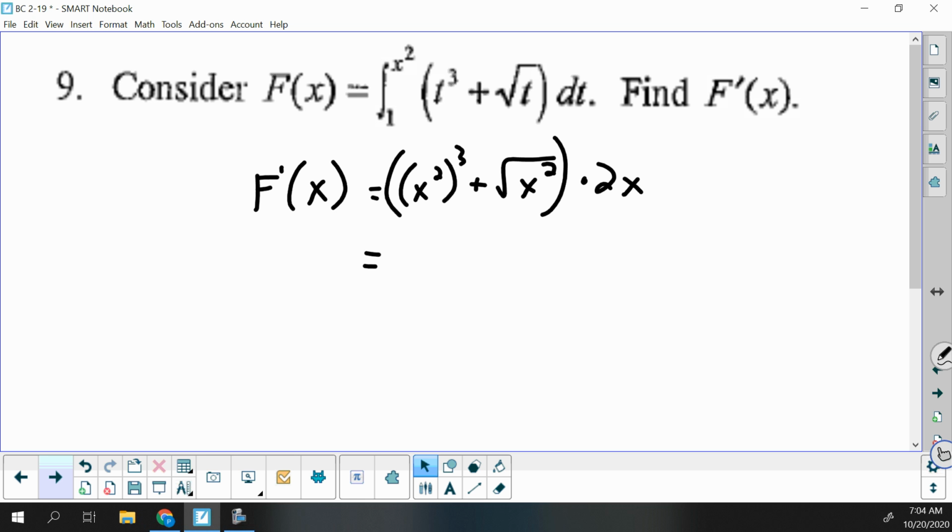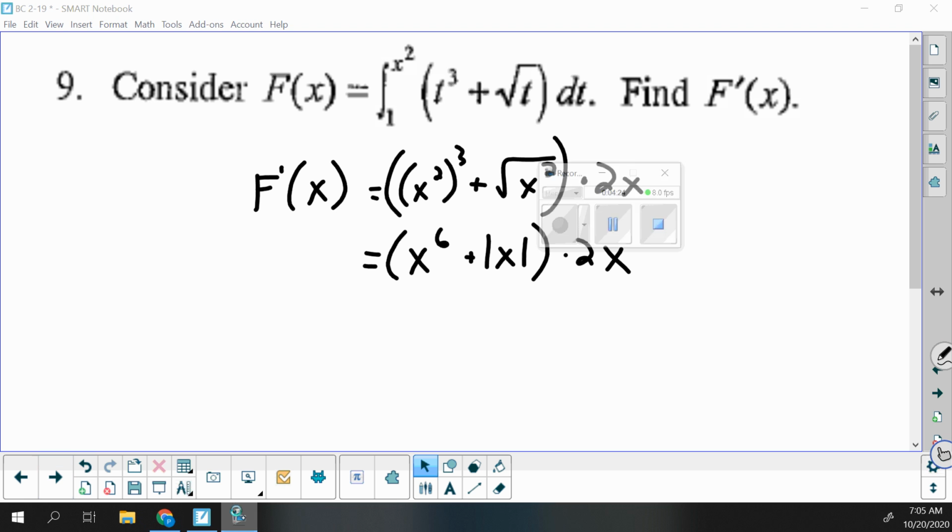So if we neaten this up, this is going to be x to the 6th. And then the square root of x squared, remember, is absolute value of x. And then we've got times 2x. Well, to resolve that absolute value, we can look at the fact that from 1 to anything that's squared, it's going to be a positive.